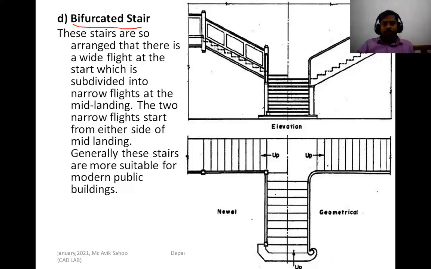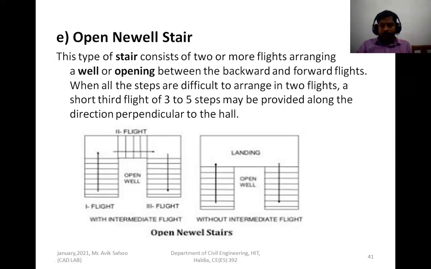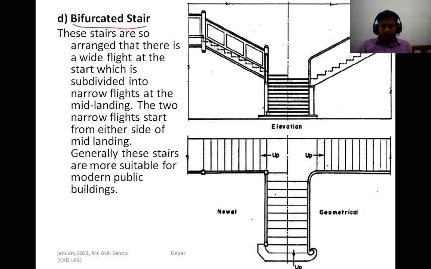Another type of stair is used in modern buildings. You see that this is a flight, and after reaching the landing you can go in the left direction or the right direction.